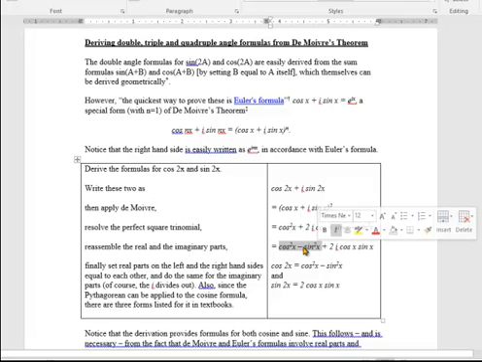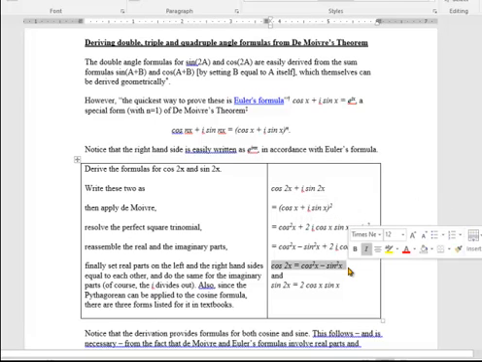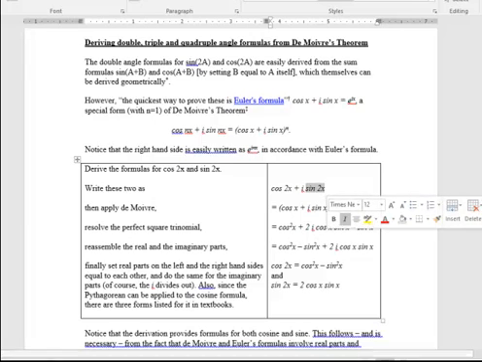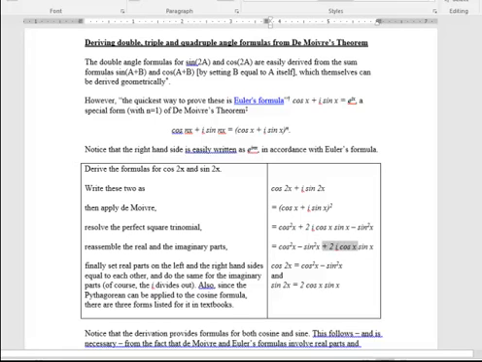Cosine squared minus sine squared needs to be equal to cosine 2x, and that is what you will find in the textbook. I acknowledge there are two other ways of expressing that, which I don't list here. And for the sine 2x, it has the i in the front, but we say we don't need the i anymore, so the sine 2x is going to come out to 2 cosine x sine x. So that's one way of coming up with the double angle formula.